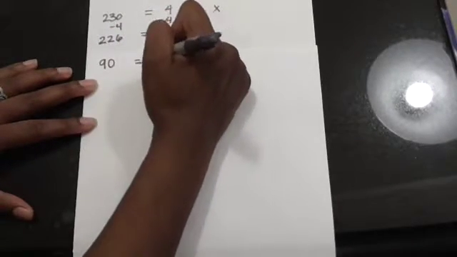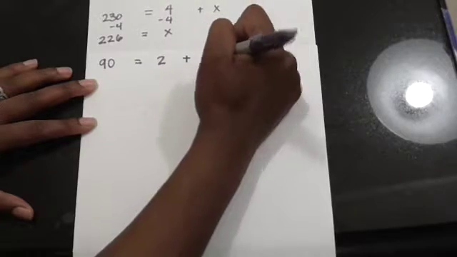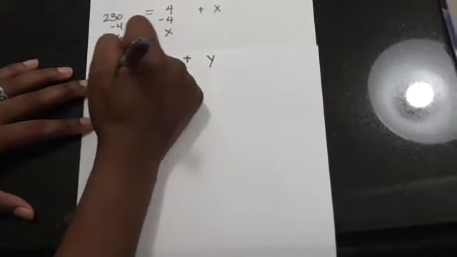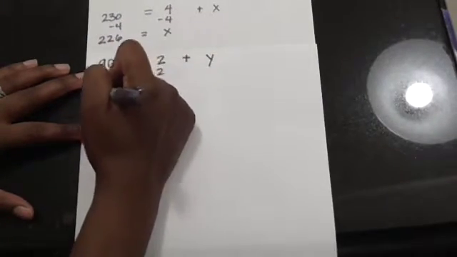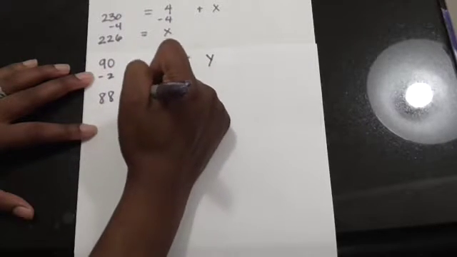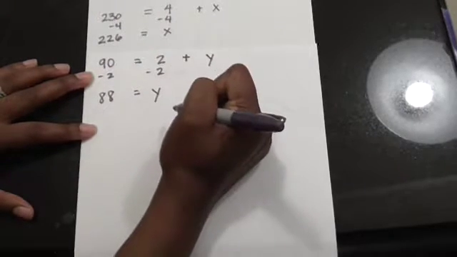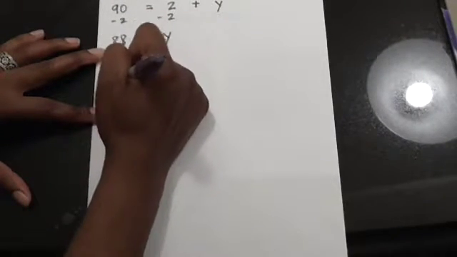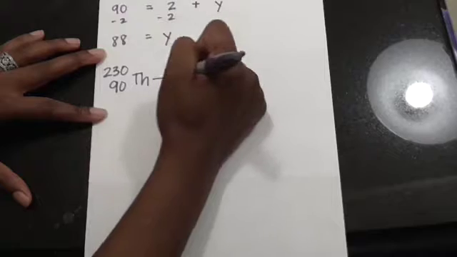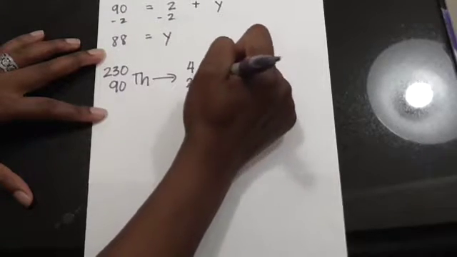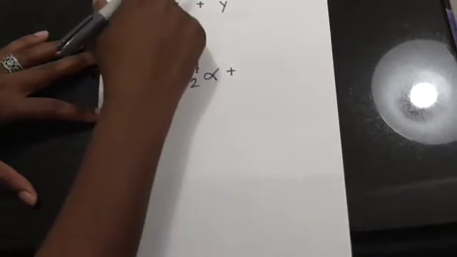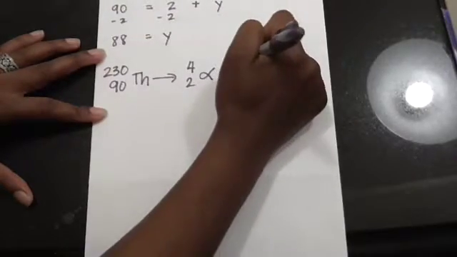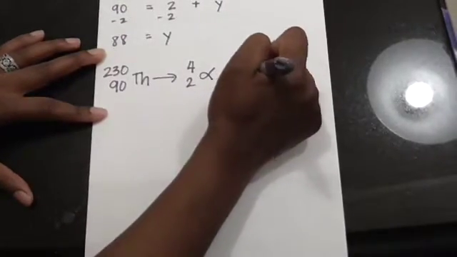Now we're going to work that bottom out. So the bottom, we have 90 equals 2 plus y. Subtract 2 from both sides, and I wind up with 88 is equal to y. When I set up my problem, my final answer is going to be 230, 90 thorium, arrow, that there alpha particle, plus 226 on the top, 88 on the bottom.